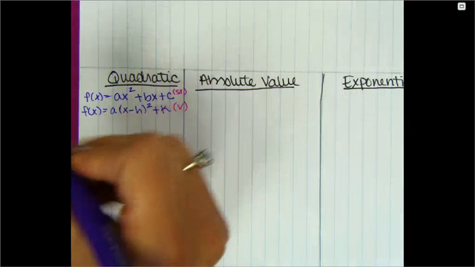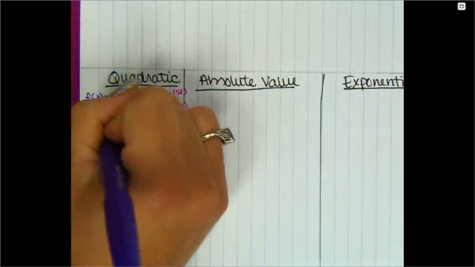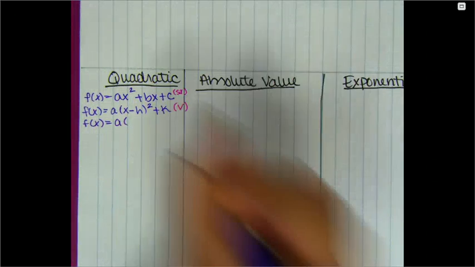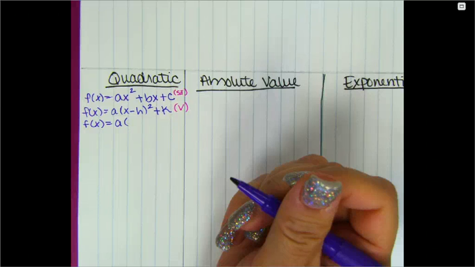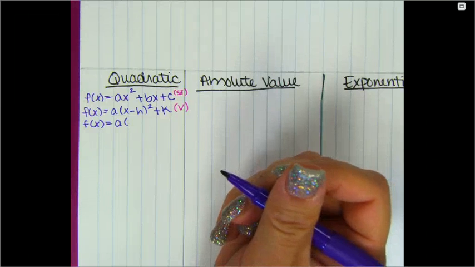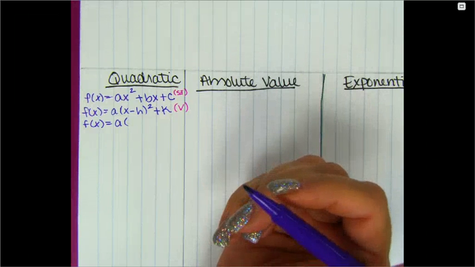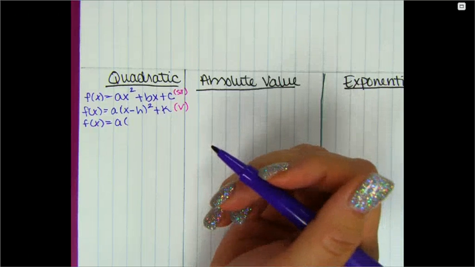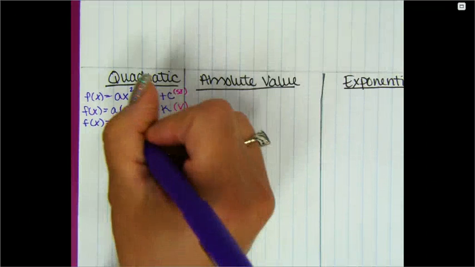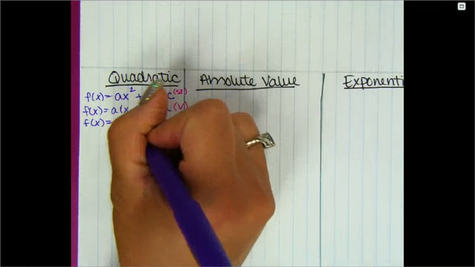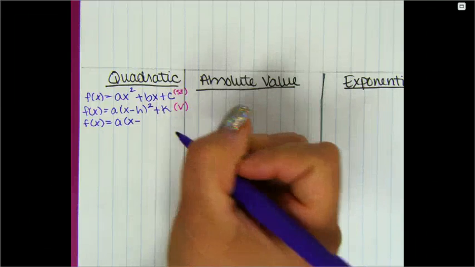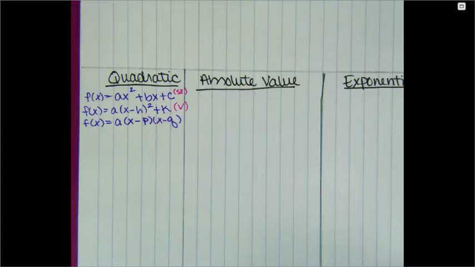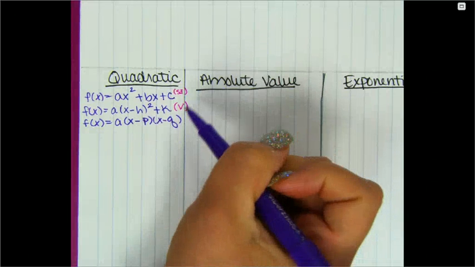Then after that is what? You need to know this for your test. Close. Minus. Minus p, and then q is next. X minus q. Good. Close. It's got to be minus. All right, so you have standard form, vertex form, intercept form.